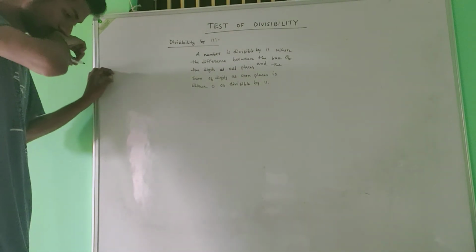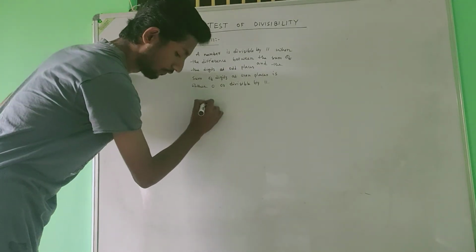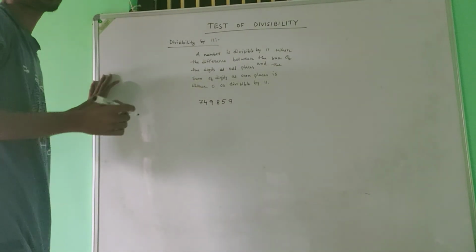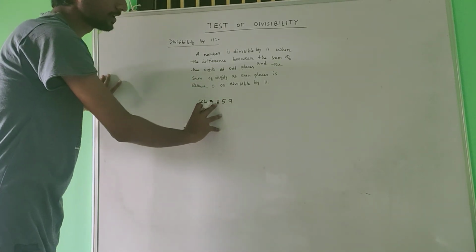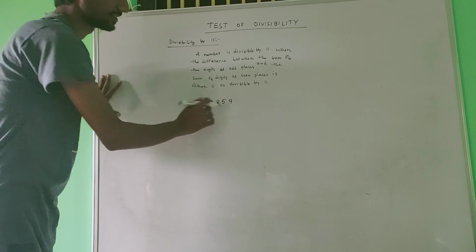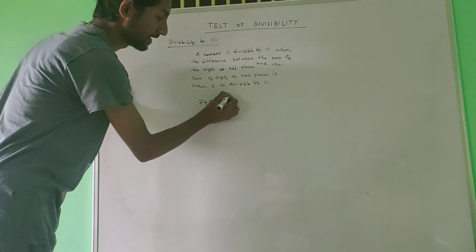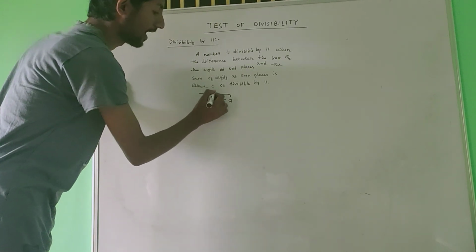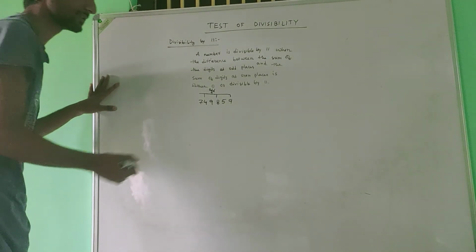So how is it solved? Suppose the number 749859. So odd places and even places means this is the first place, second place, third place, fourth place, fifth place and sixth place. First, third and fifth places are odd places.